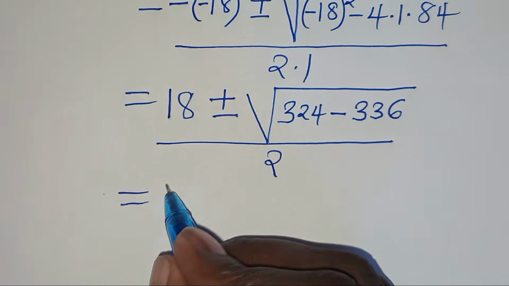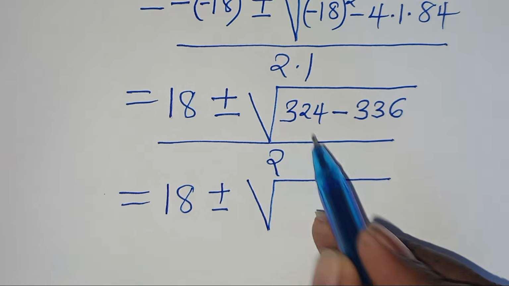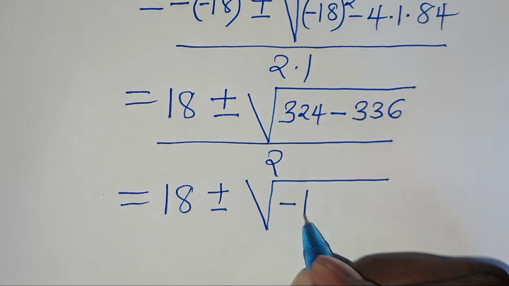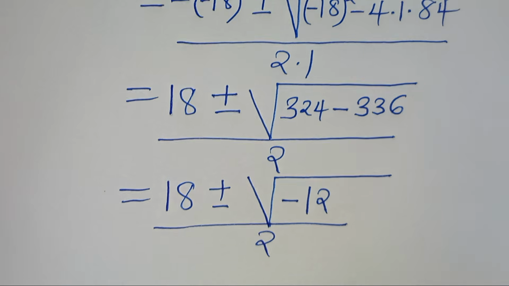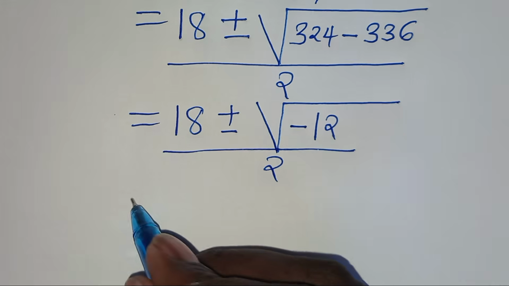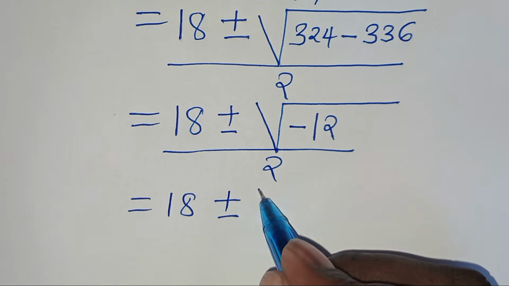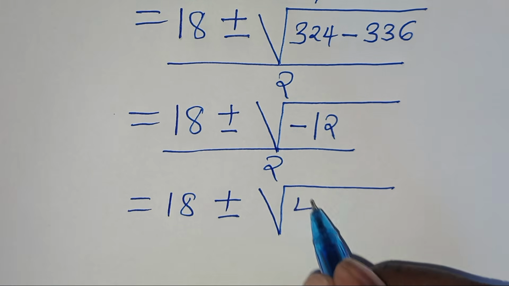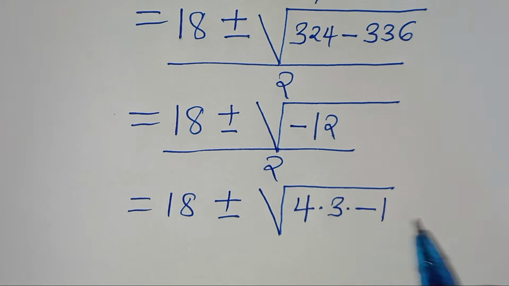So this is equal to 18 plus or minus the square root of 324 minus 336, this is -12, divided by 2. We can express the square root of -12 as the square root of 4 times 3 times -1.